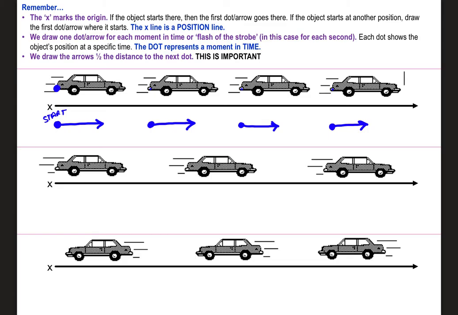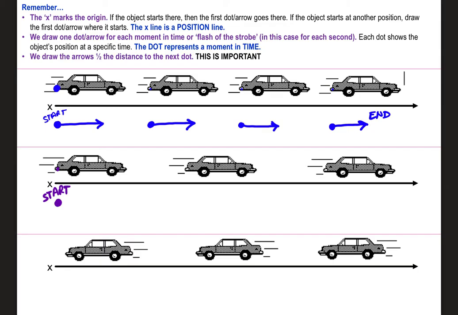3 seconds pass in this one. Let's change color. And again, I'm going to draw the back bumper of the car, like right there. And so my first dot is going to be there. It's going to be start. Ooh, guess who didn't write end on this? Bad. Okay. I write start.